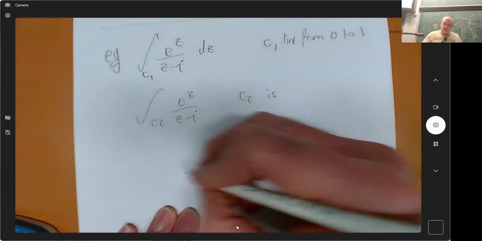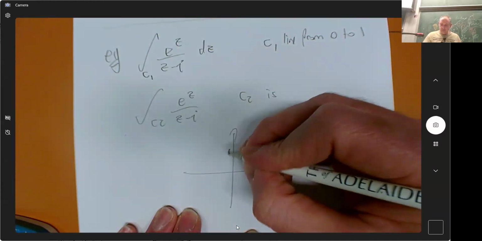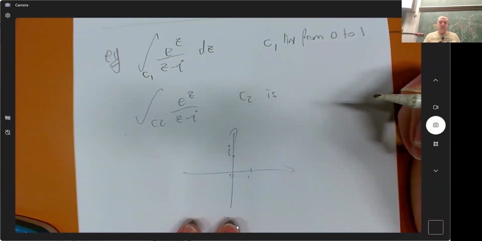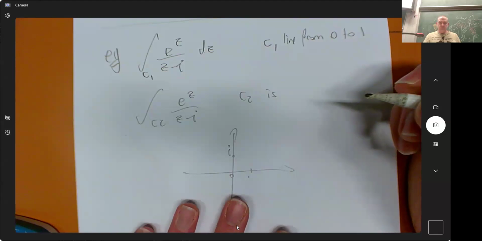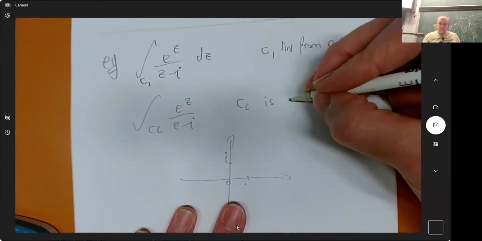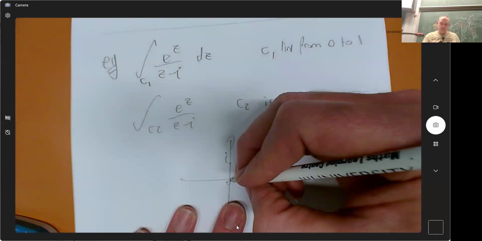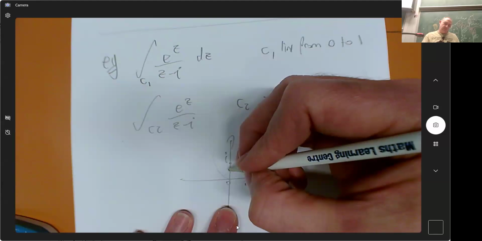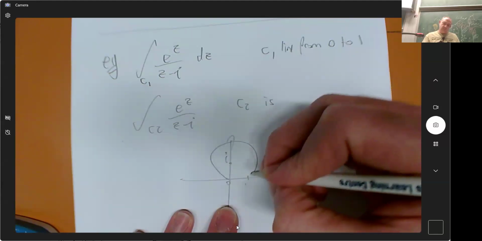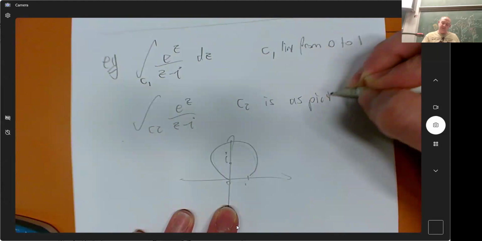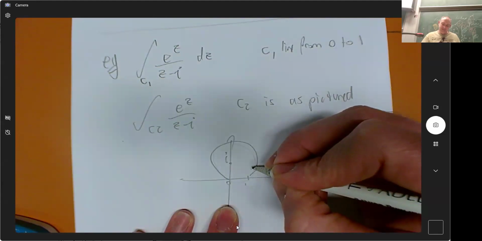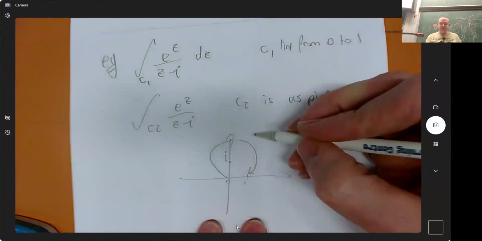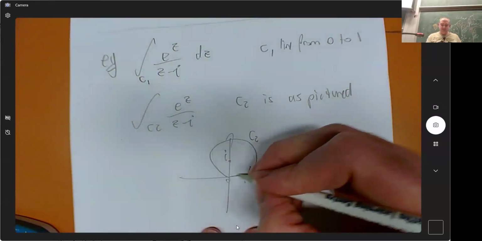Just going to draw a picture of it so I can describe it. C2 is as pictured, like that. That's C2. And this is C1.